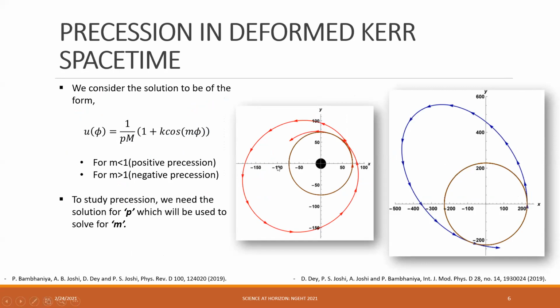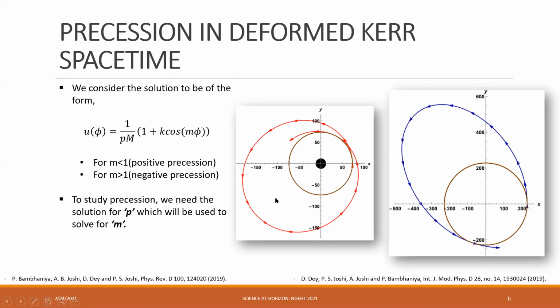We use this solution to solve the differential equation of orbit which we derived from the metric, and by solving that, we get the values for p and m, where if m is less than 1 it suggests positive precession, and if it is greater than 1, it suggests negative precession.